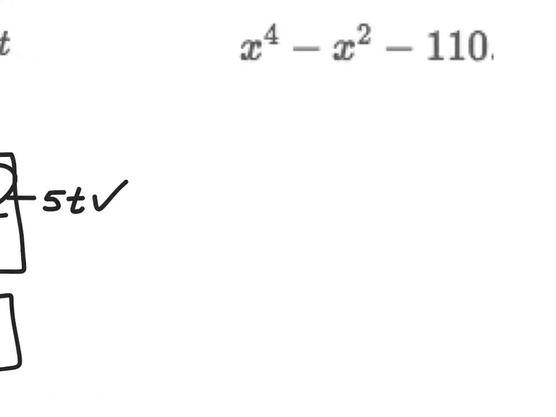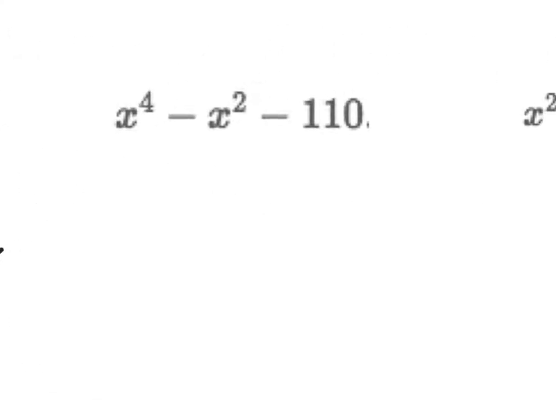All right, now let's take a look at this one. Ugh. This one is very confusing. Now, what you notice here is that we still have a trinomial here. All right? And what I like to do is I like to rewrite this. I can rewrite x to the fourth as the quantity x squared, squared, minus an x squared minus 110.